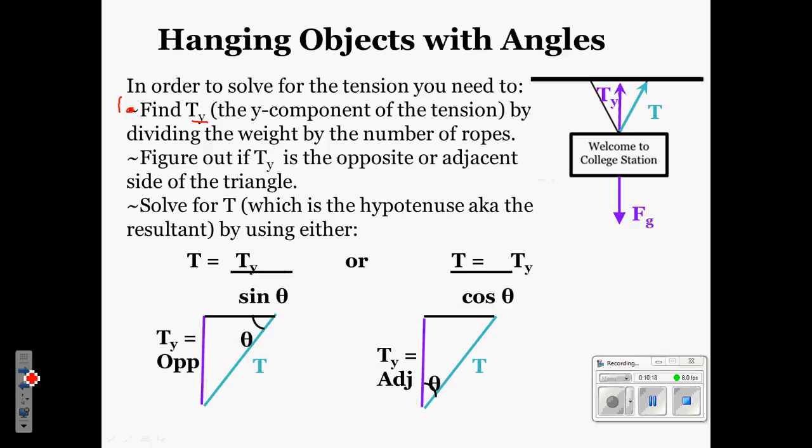Our Ty would be the invisible line that we would draw of the y component, and it's in the middle of the angle that the wire used to hang the sign is making. Okay, so there's two sides of it. It's still one piece of wire, but there are two sides, and you can see if we put that invisible Ty component through, that's my dotted red, I have this side of the angle and I have this side of the angle. So I have two sides of an angle.